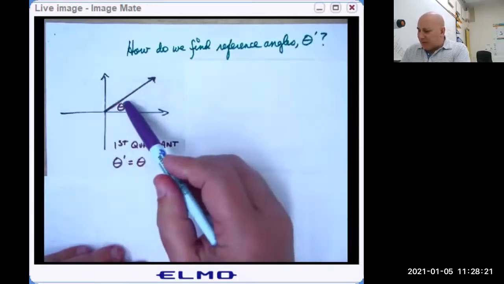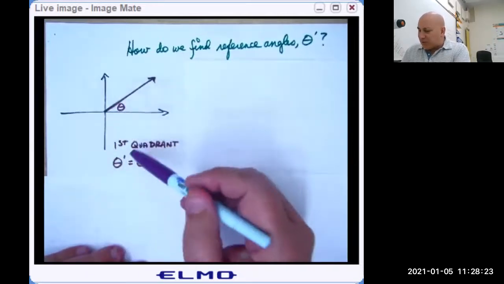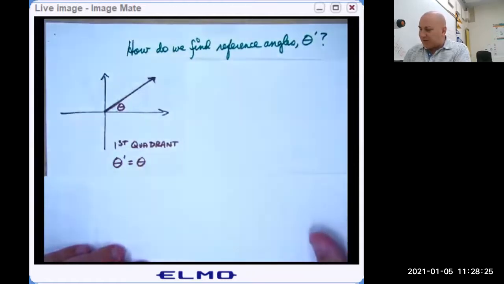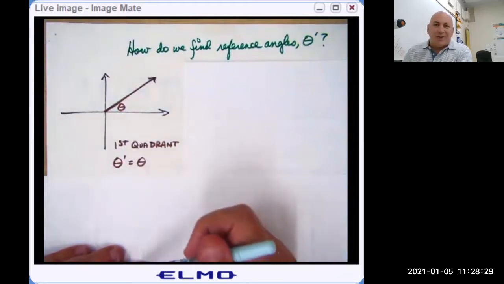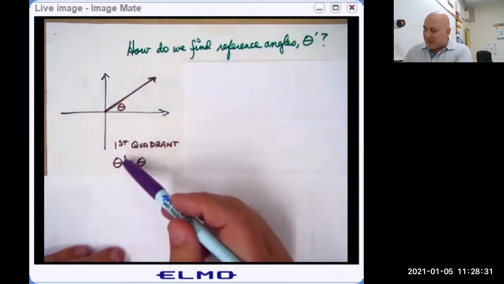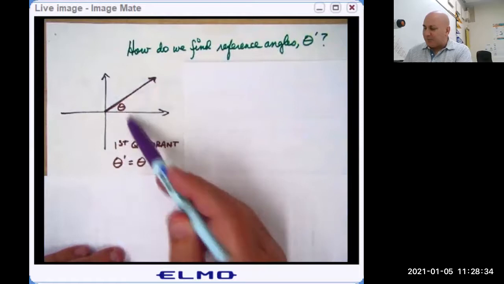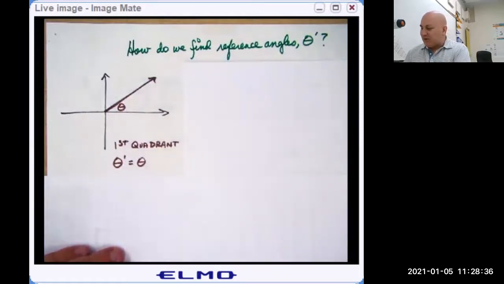Well, as we've already pointed out, in the first quadrant, the reference angle is equal to the angle itself. We're not going to use that notation very much, but theta prime is the reference angle, and it's equal to the angle itself.